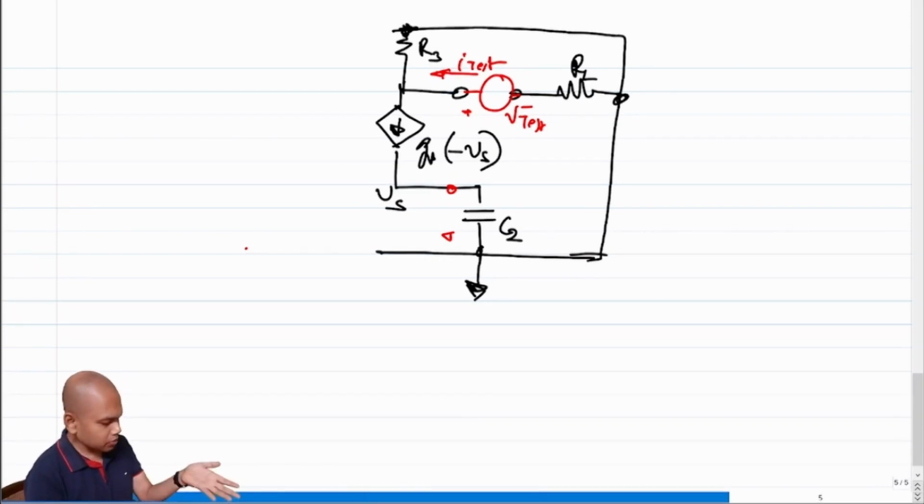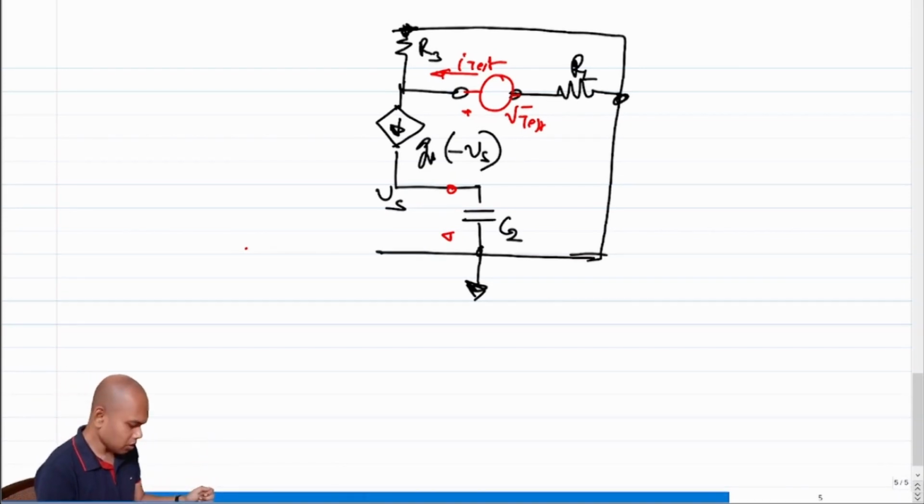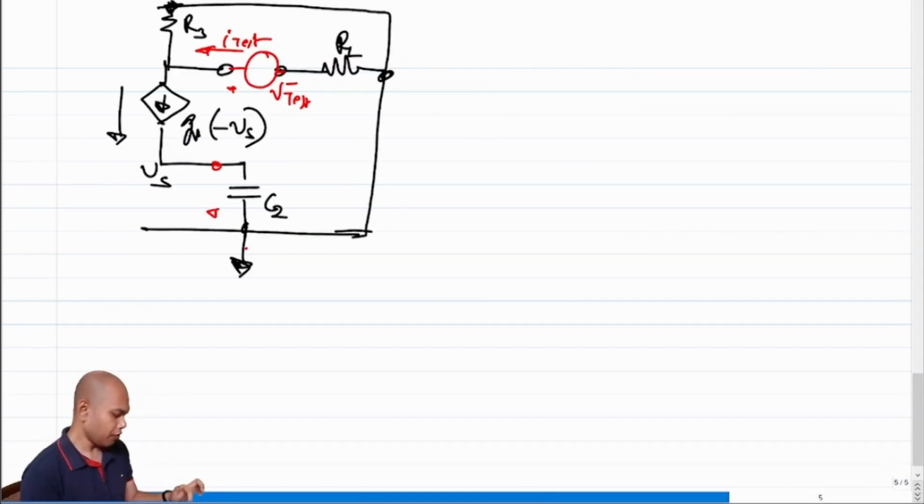Let's assume that some part flows and it generates a voltage Vs, right? Okay. So what happens then? If some part flows down and it generates a voltage Vs, and I find the KCL at that node Vs, what do I get?